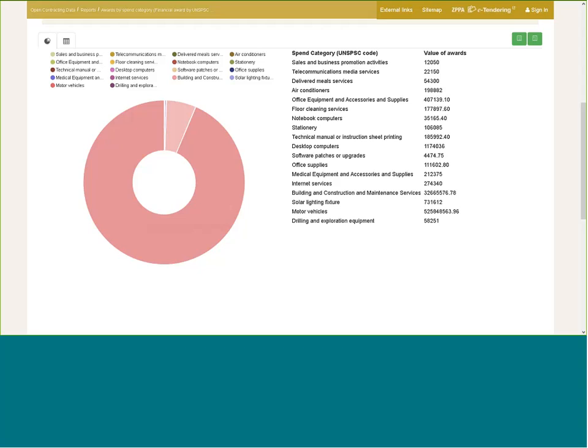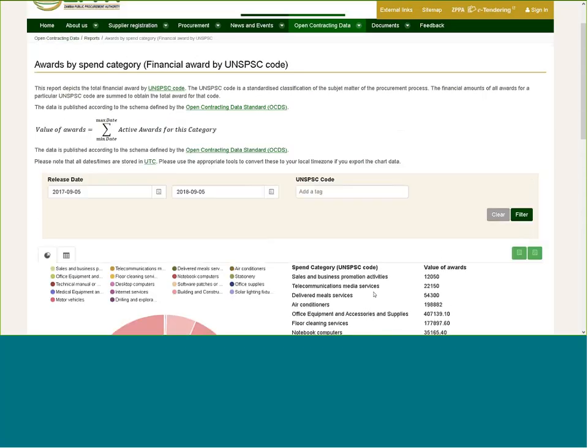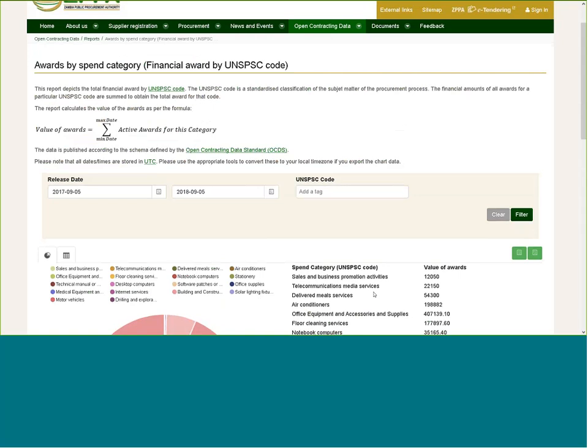But you raise another interesting point about what important information should be provided alongside these charts and reports based on OCDS data, to make it clear to users if they only include completed processes, or if they're only updated at a certain frequency. Does anybody else have any thoughts to share on that?